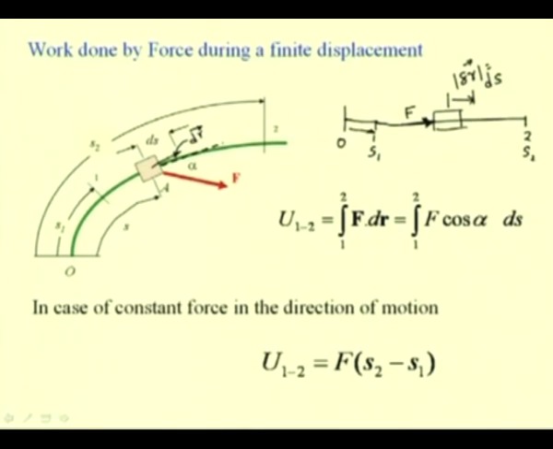This way it is possible to define the work of this constant force in displacing this object from position 1 to 2. So, we see that the work done is dependent on the final position, that is the position s2, and the initial position s1.